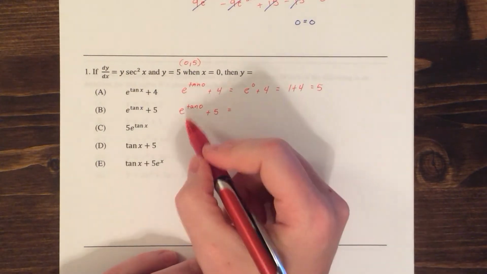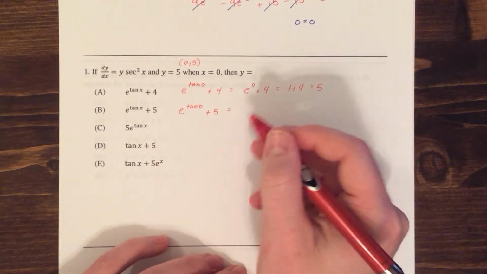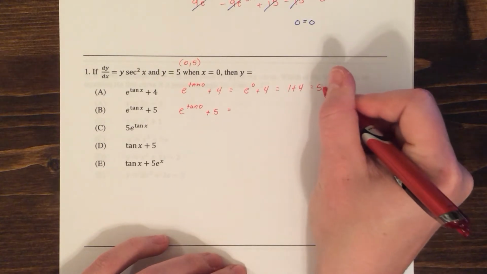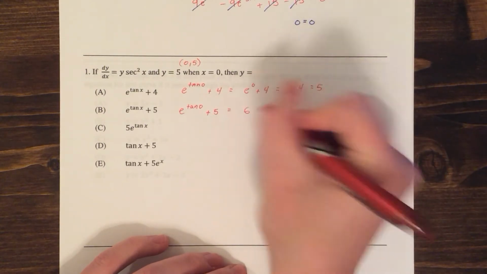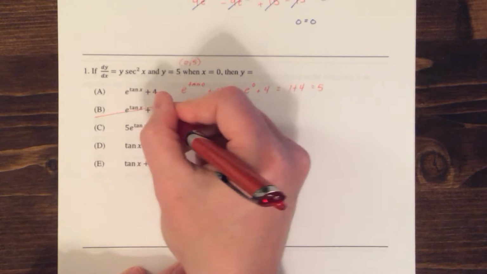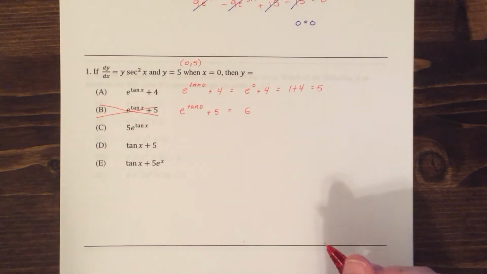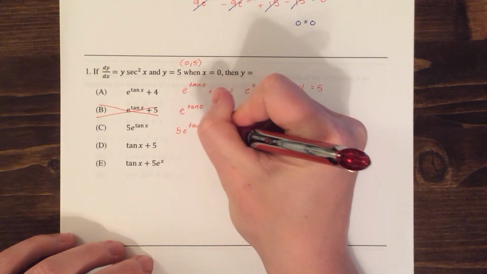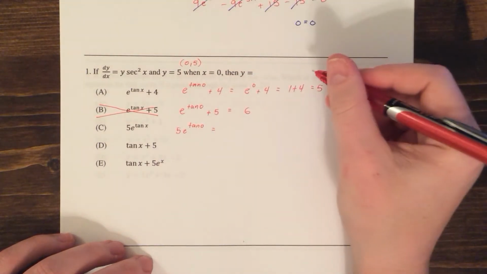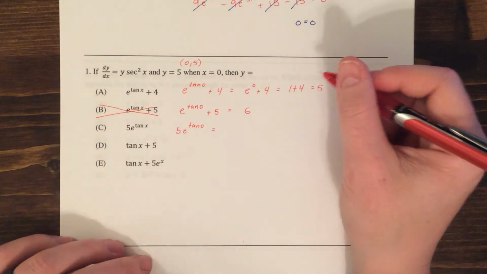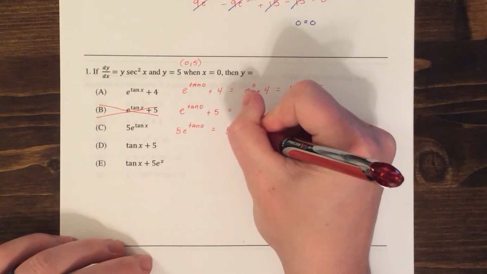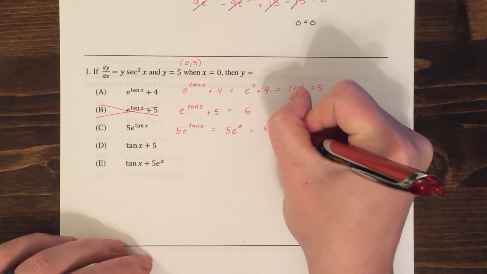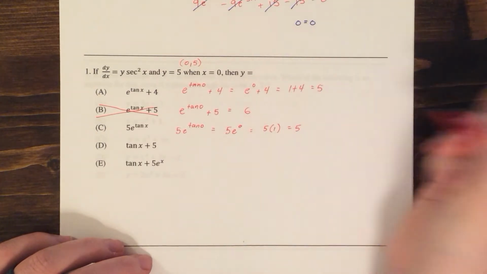This happens to be the same setup, except now we're adding 5 instead of adding 4. So it's really just going to increase 1 from this answer here. So we're going to get 6 on that answer. So we can mark out B for that one. Then we have 5 times e to the tangent of 0. So that's 5 times e to the 0, which is 5 times 1, which is 5.